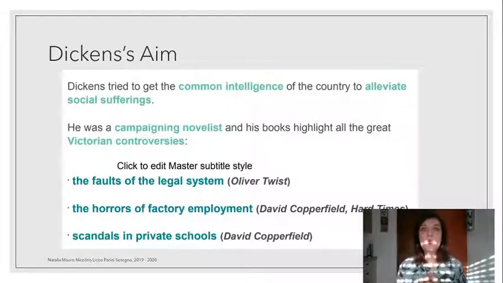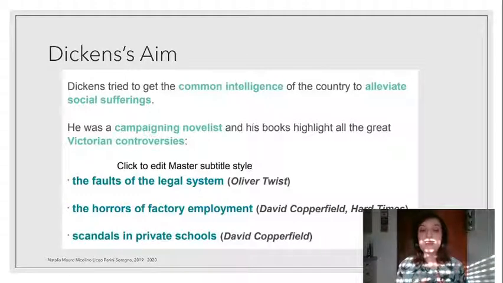Okay, which were the Victorian controversies that he wanted to point out? He wanted people to see the faults of the legal system, for example, also in the Pickwick Papers, that was his very first novel, as we said.